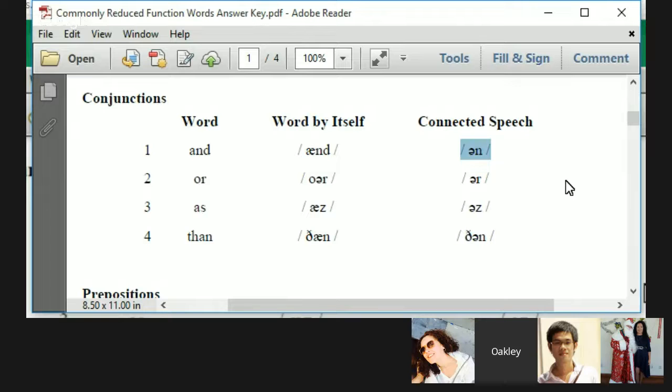Connected speech. How to pronounce "and." Okay, even faster. "And." Okay, wait, time out.